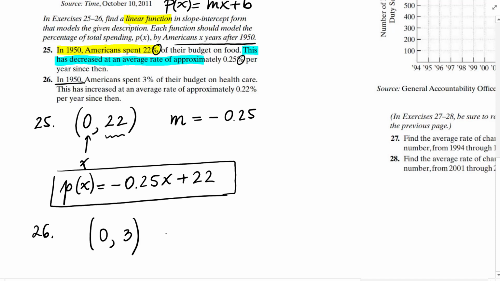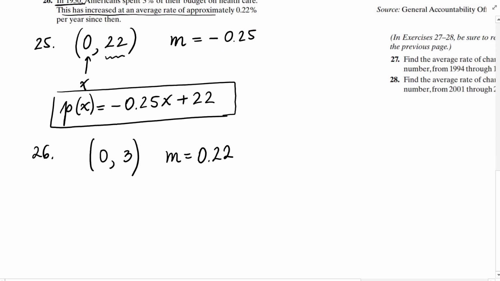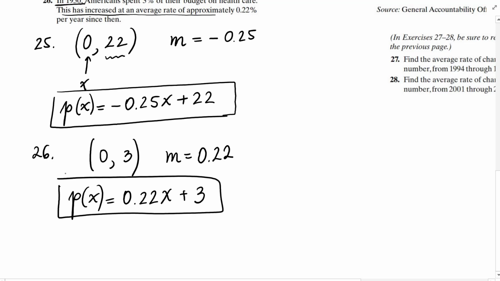And then the slope, it increases at an average rate, so then it's positive 0.22. So P of x is going to be equal to mx plus b, which is 3. If I didn't have 0 here, I would have had to solve using the point-slope form.